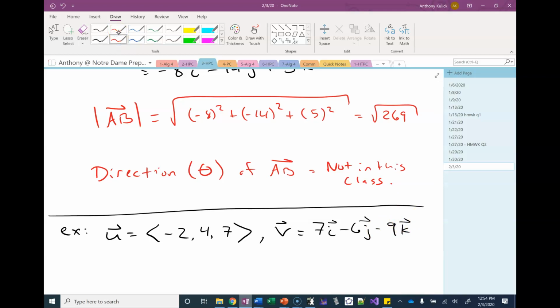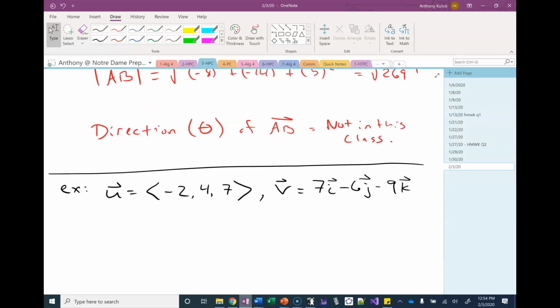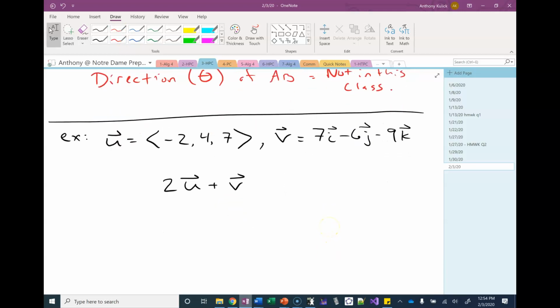All right. So let's say that u is the vector -2, 4, 7, and v is the vector 7, -6, -9. And we're interested in the vector 2u plus v. So when we did scalar multiplication in 2 dimensions, how did we do that?